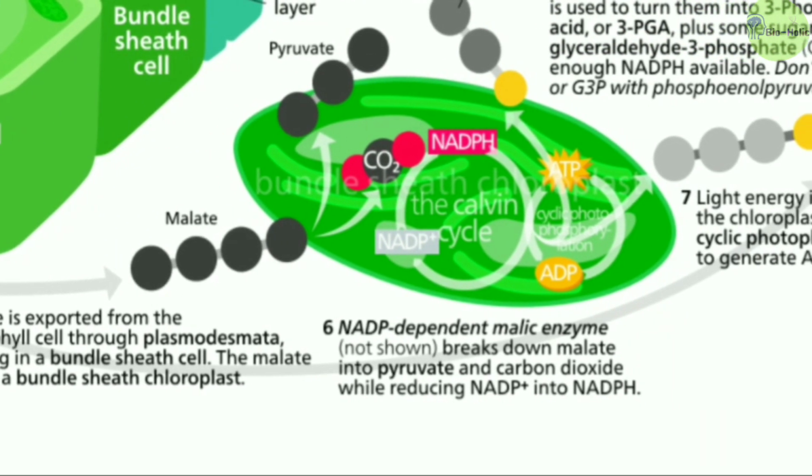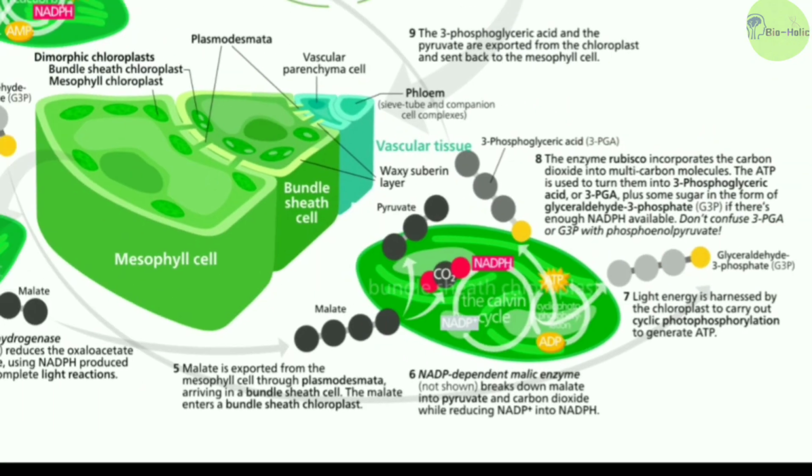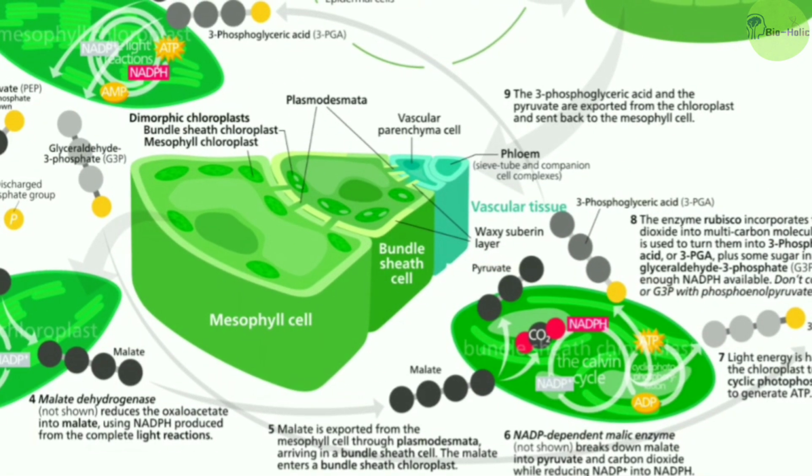Then, NADP-dependent malic enzyme breaks down malate into pyruvate and carbon dioxide while reducing NADP plus into NADPH. So, thus, carbon dioxide enters the bundle sheath cells. And here, Rubisco is present, which incorporates the carbon dioxide into the C3 cycle. And ultimately, as we know in the C3 cycle, glucose is formed.